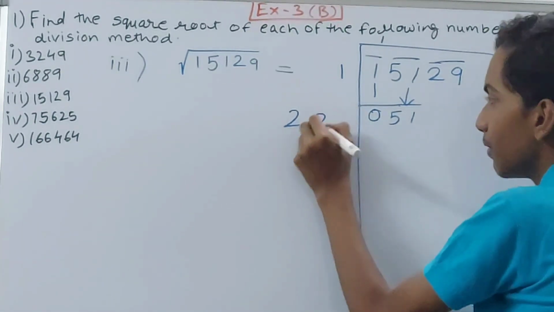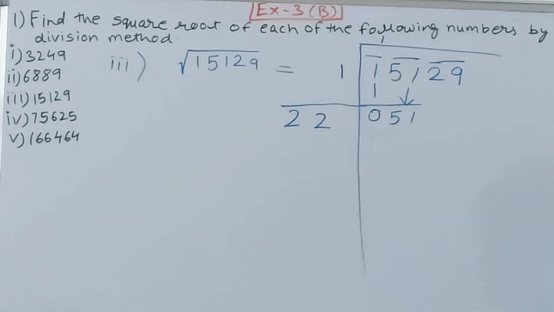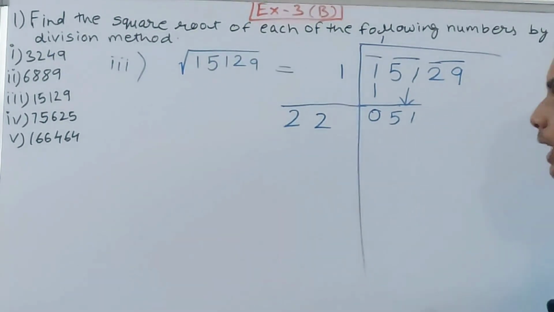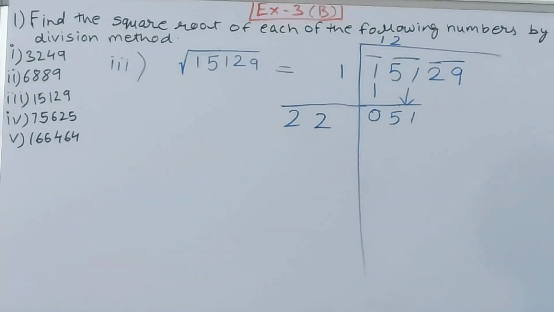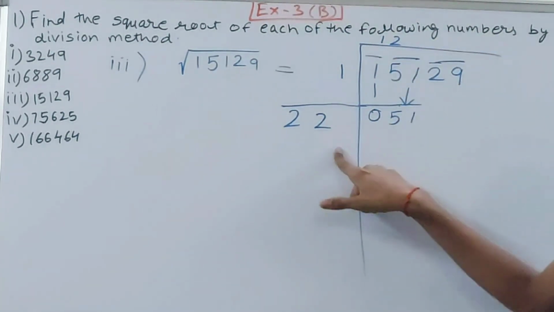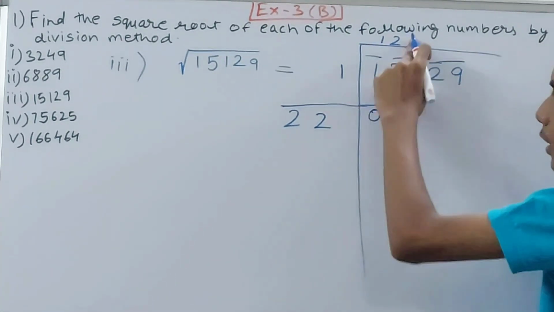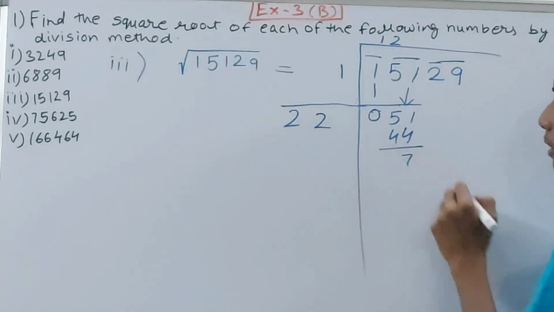So 22 will give us what we want. 22 into 2 is 44. 23 into 3 is 69, so that will not work out. So let's go with 22, 2 here also. Now multiply 2 by 22. Don't make the mistake of multiplying 12 by 22. Multiply 2 by 22, that is 44.